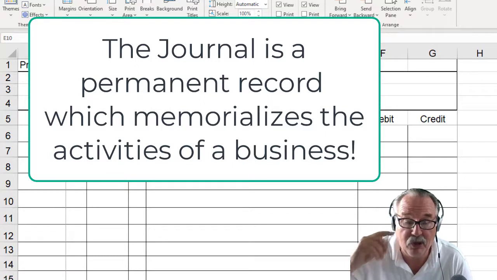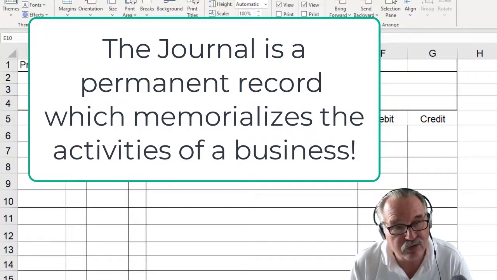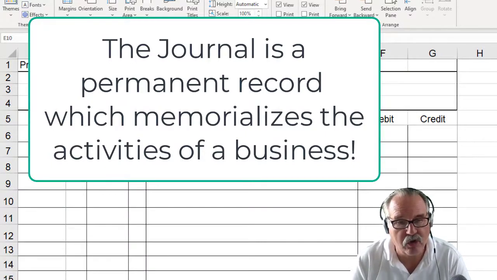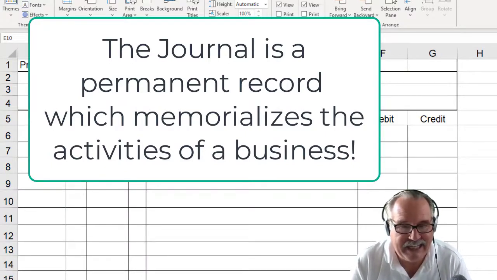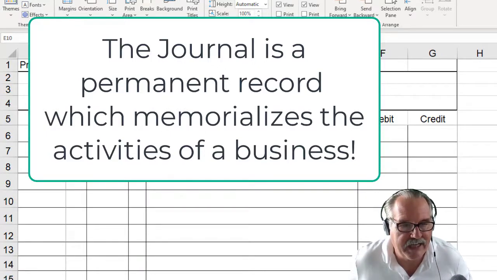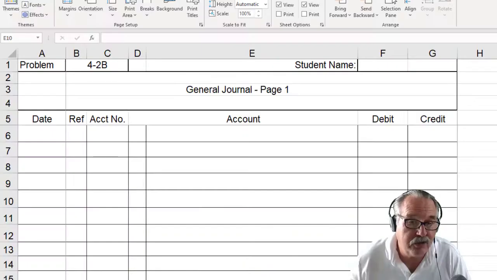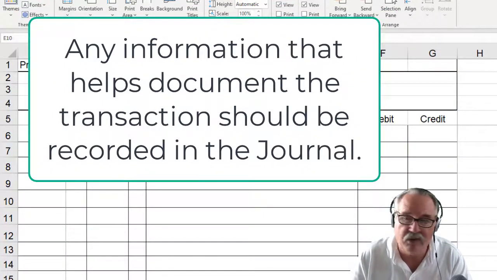And it's a permanent record. So when we make entries into the journal, we should put any information that we have about the transaction so that it will be permanently recorded. And that could include the vendor name or the customer name or a phone number or a name of a person, anything.